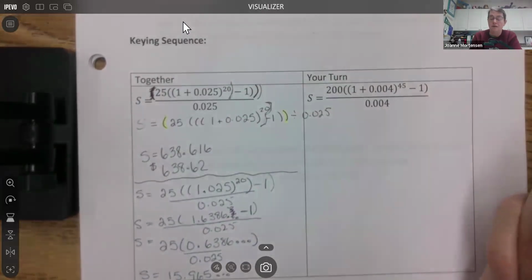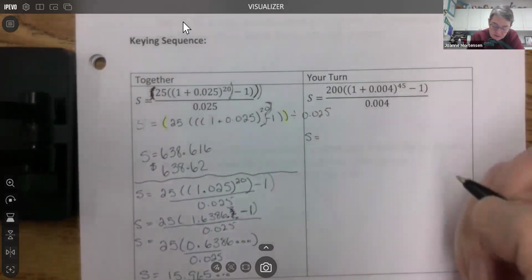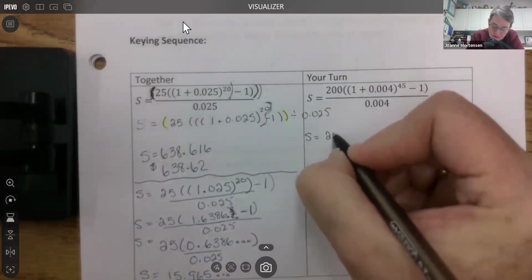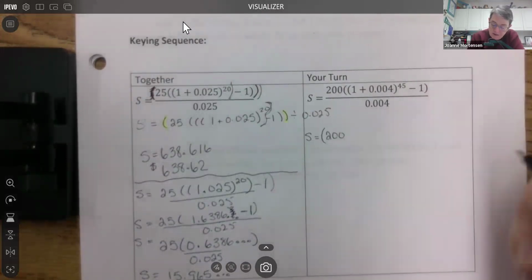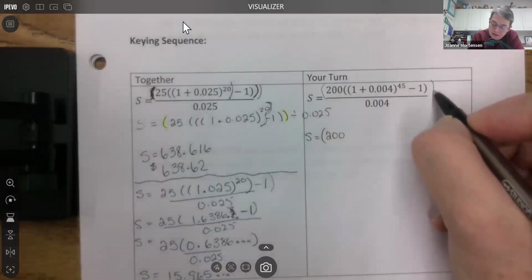I'm not going to do it the long way. Let's see if I can get it written out right. S is equal to 200, a bracket in front, right? Just basically I'm putting a bracket here and a bracket there.